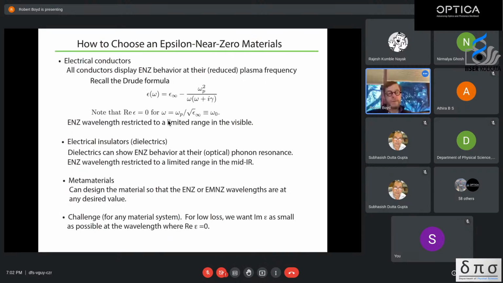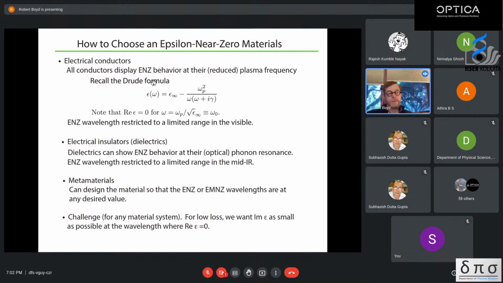Now, just at a conceptual level, how would you go about choosing an epsilon near zero material? Let's say I've convinced you that this is very interesting and you want to do some work on your own. So first of all, you can use an electrical conductor. All conductors display ENZ behavior at their reduced plasma frequency.